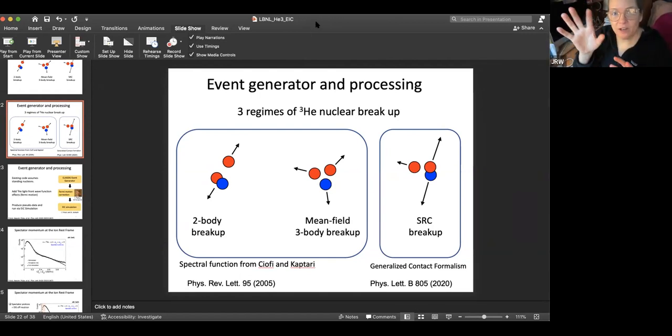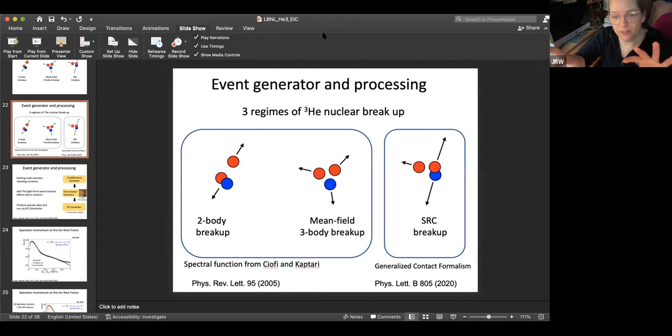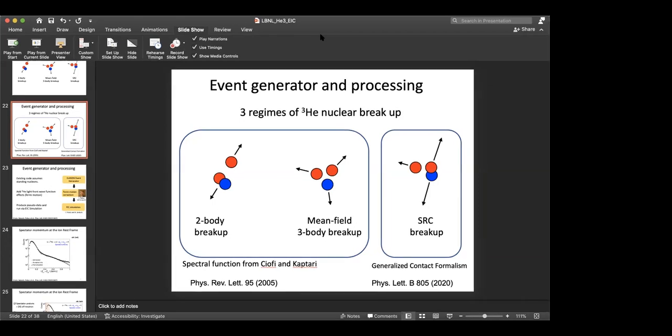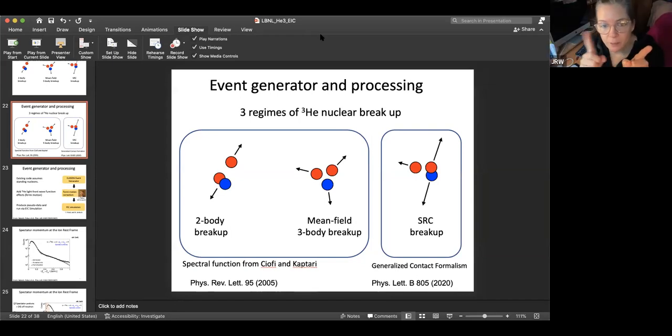But I wasn't asking about the cut between SRC and mean field, but the definition between SRC and the two-body breakup. Is two-body breakup included in the mean field? Two-body breakup is considered completely separate from either mean field or SRC three-body breakup. So what's the difference between two-body breakup and SRC? How do you define them?